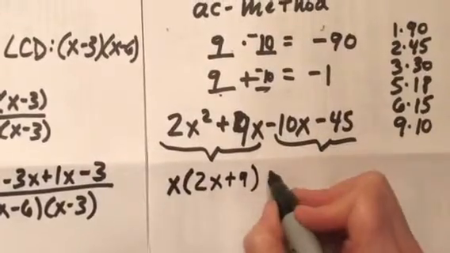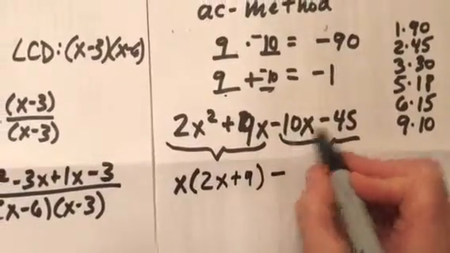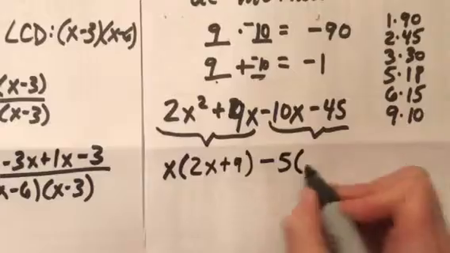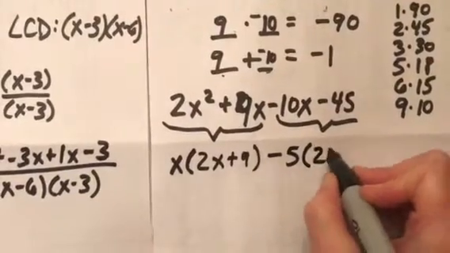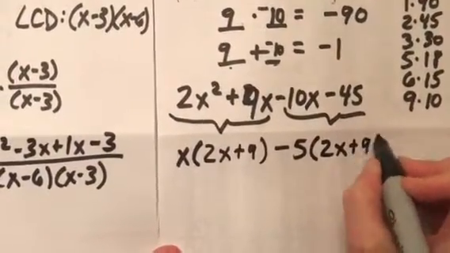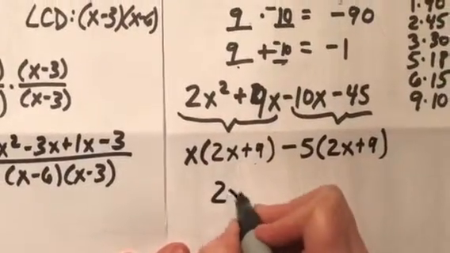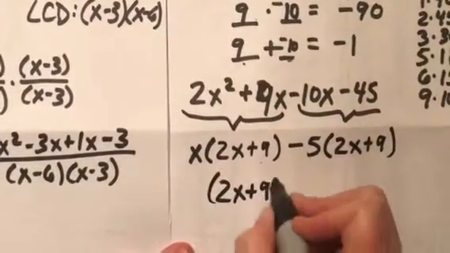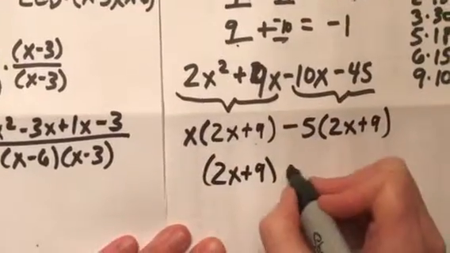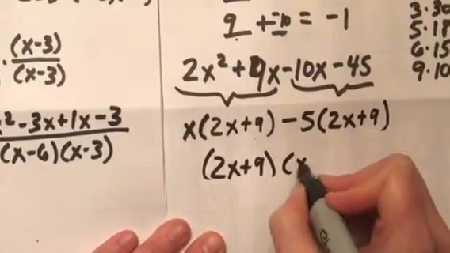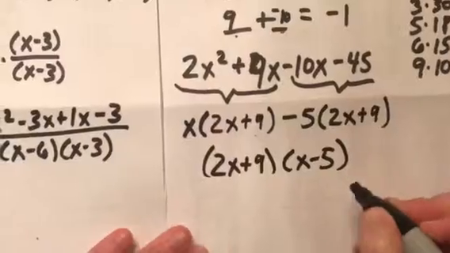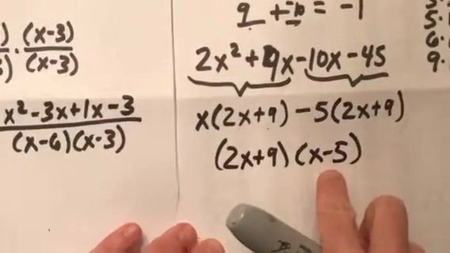And then the second two are both negative, and looks like 5 could go into both. If I take out 5, I'd have 2x plus 9. And so this and this have the 2x plus 9 in common. If I take that out of each set, I would have remaining x minus 5. And so now this is how this numerator factors.